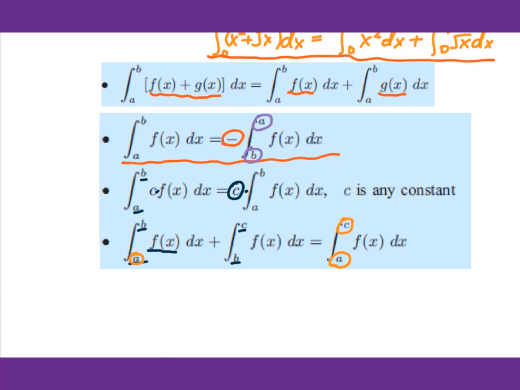So a to b, then b to c, equals a to c. Try to remember these 4 properties of definite integrals.